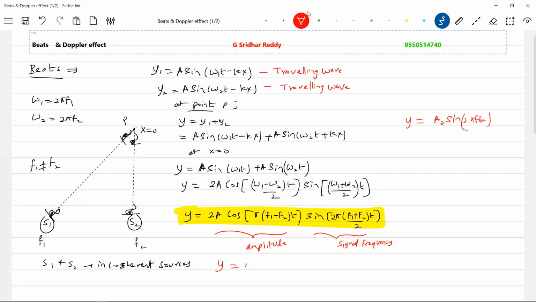So what is this equation? This equation is y equal to A of t sine, where A of t is equal to 2a cos.